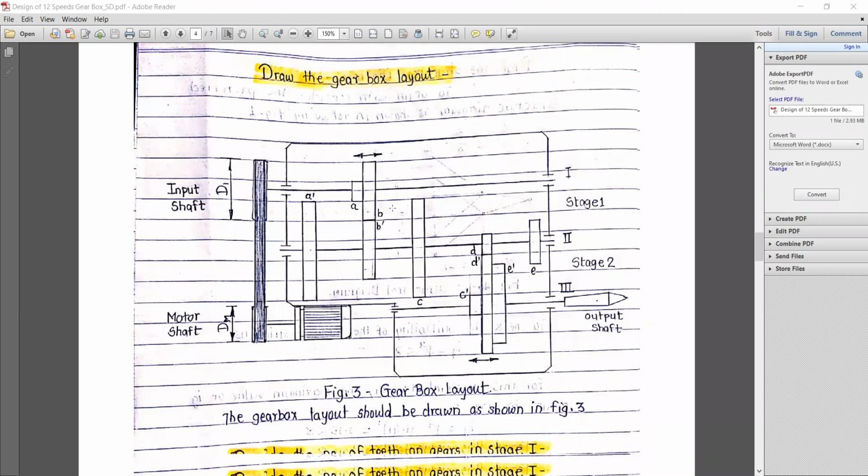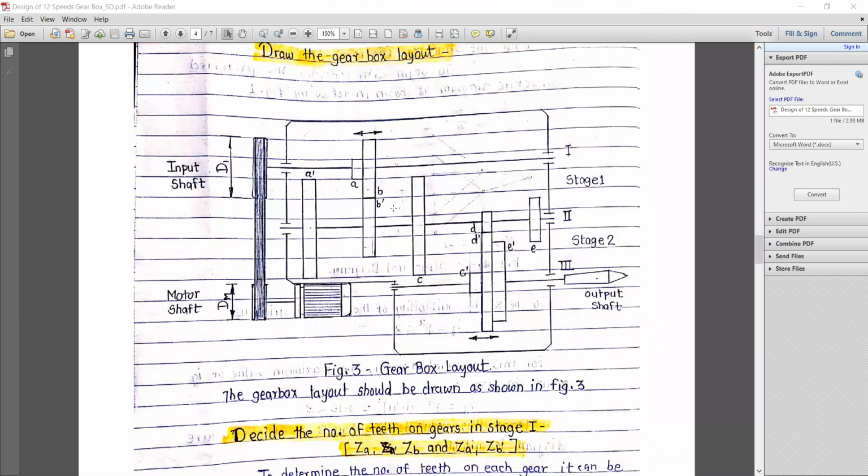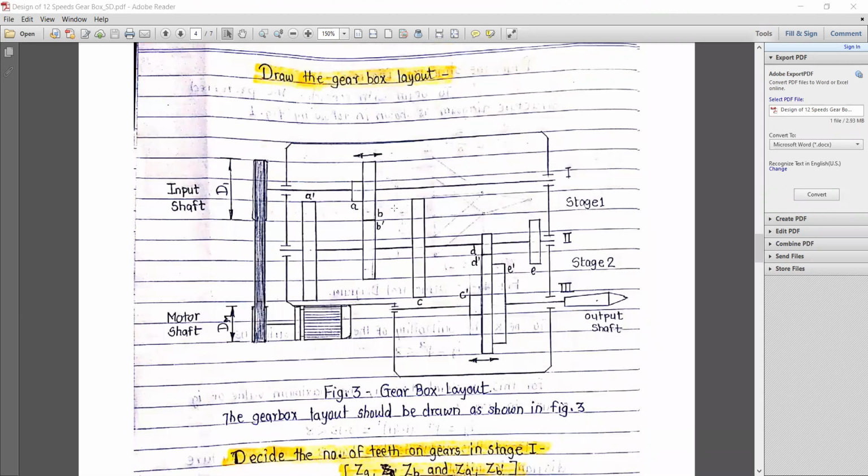Now, drawing the layout, it is very important to draw the layout in a proper manner. In the first stage there are two variations, and only the input is given through the motor. So we have drawn a single shaft, this is the motor shaft.